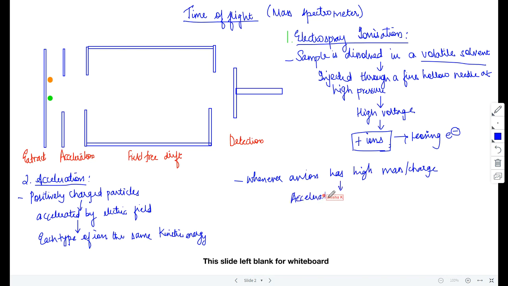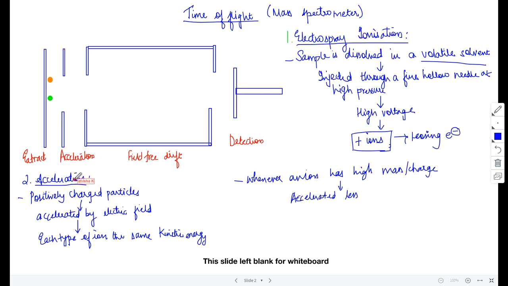You understood this? Yes. Why? Because they have a high mass. The movement will be much slower, right? So this is because of the acceleration. Clear with this part? You understood what is electrospray ionization?